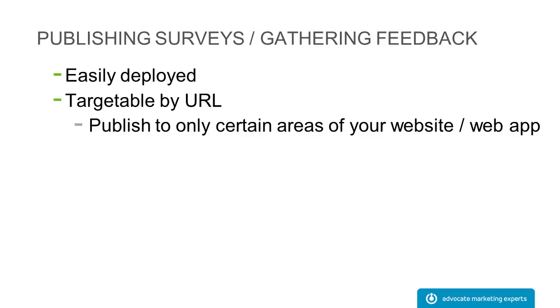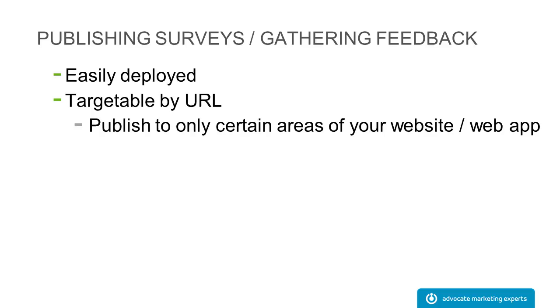As far as publishing surveys goes, this is another very useful use of AdvocateAnywhere. If you have a new feature or a new part of your website that you've just published or deployed and you want to get some feedback on it, you can easily publish a challenge to that particular part of your website or your web app.